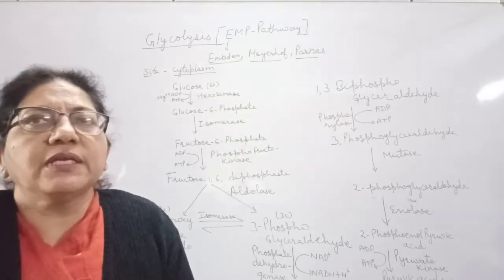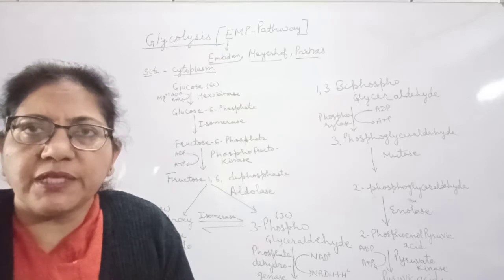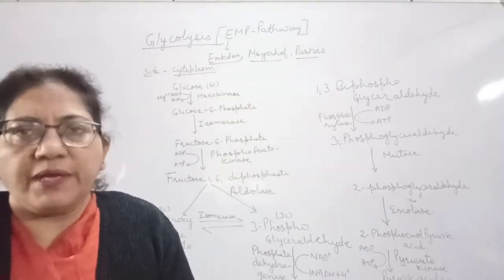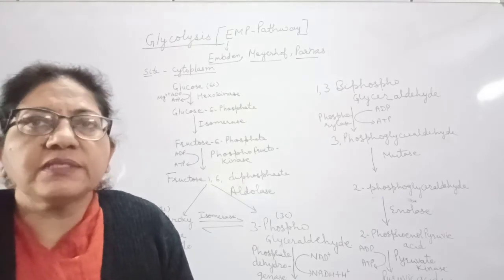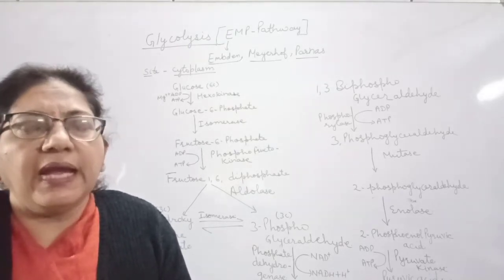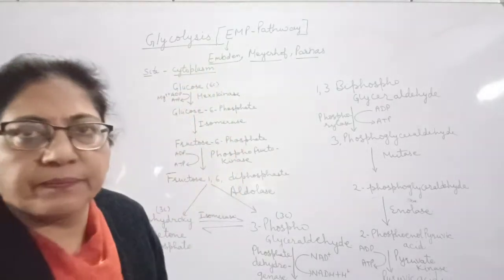Whether the respiration takes place in the presence of oxygen, that is aerobic respiration, or in the absence of oxygen, that is anaerobic respiration, the first and common step for both is glycolysis.